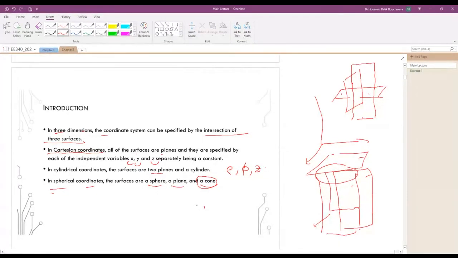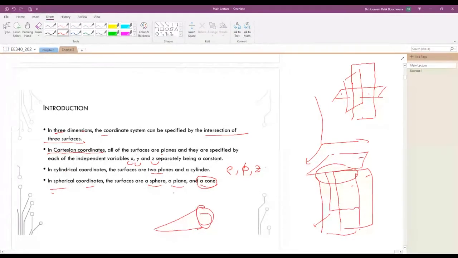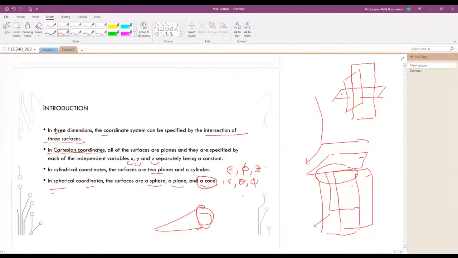Yes, this is a cone. The variables for the spherical are r, the radius, theta, and phi.